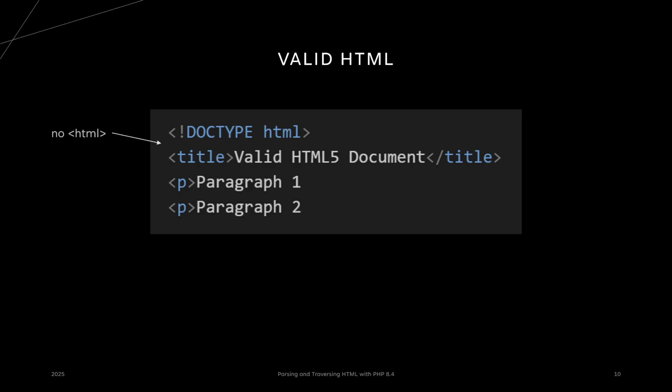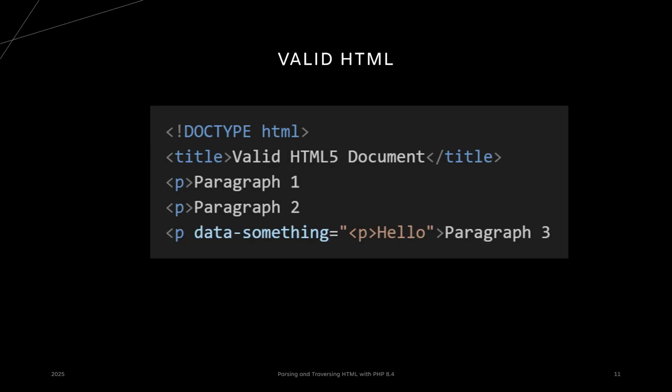So you can see this one, there's no html, there's no head, there's no body, there's no closing p tags. That's all valid. Here you'll see there's an unescaped angle bracket in attributes. That's valid HTML. That would cause you problems before. So these are the kinds of things that parsers have to be able to parse.